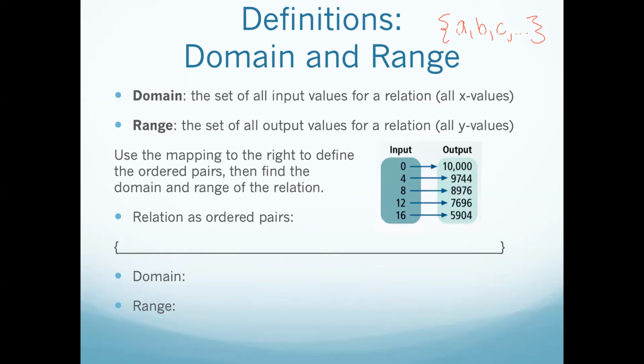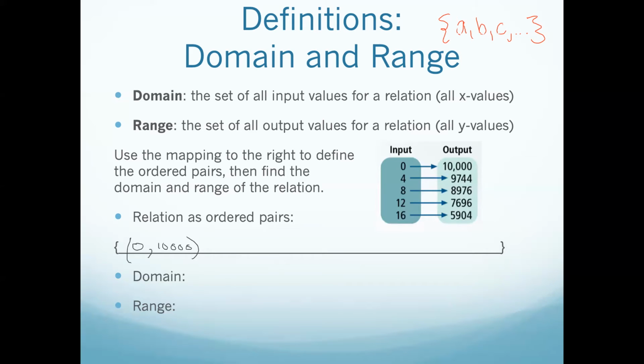So I've given us a mapping here of inputs to outputs, and we want to first write that as a set of ordered pairs. Notice I already included our set brackets, and I'm going to list the ordered pairs here. Ordered pairs are always input comma output or x comma y. So if my first input is 0, then the output is 10000. Notice I didn't put a comma in 10000 because I already have a comma as part of my ordered pair.